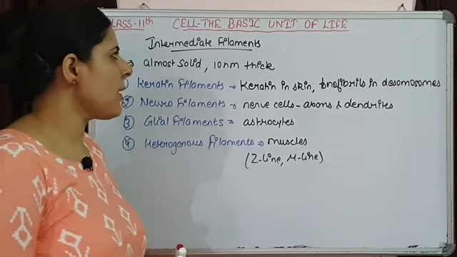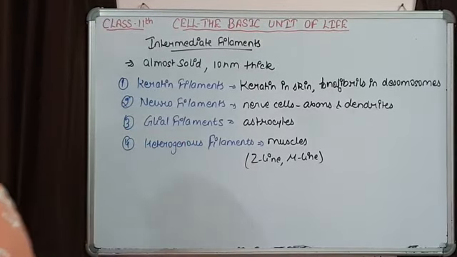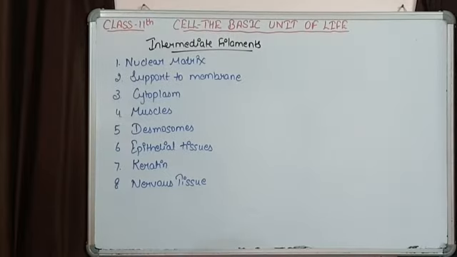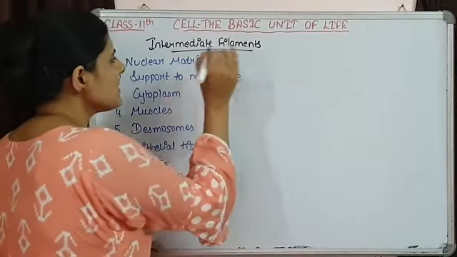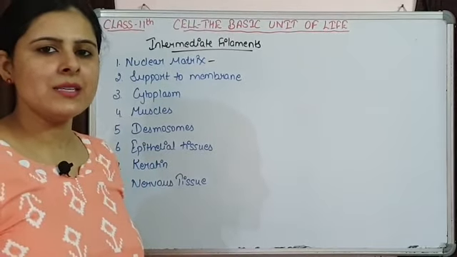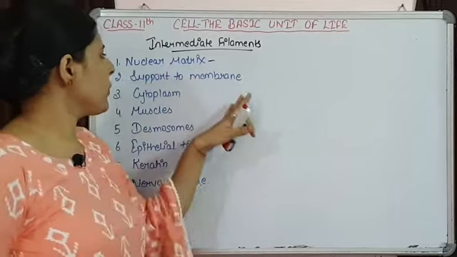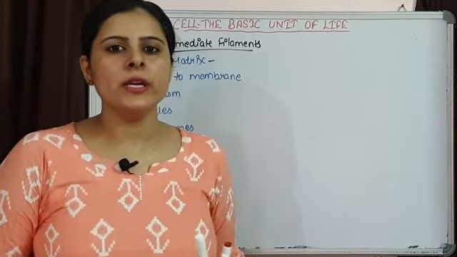Now let's discuss the functions performed by these intermediate filaments. These are some of the functions of intermediate filaments. Nuclear matrix: most of the nuclear matrix has these intermediate filaments. Then they provide support to the membranes, both plasma membrane as well as nuclear membrane.